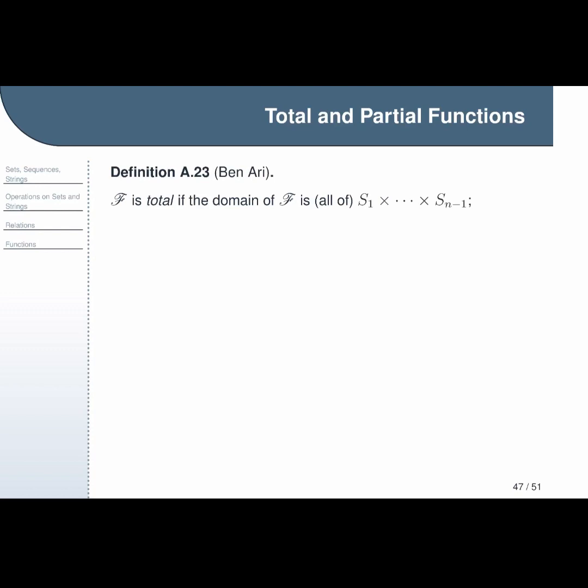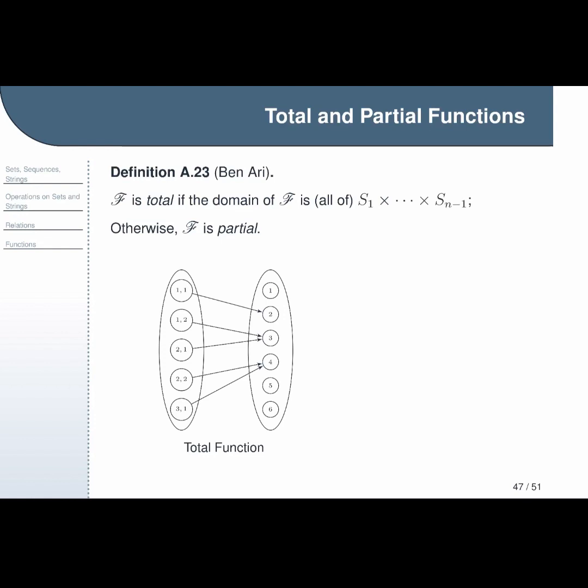And if not, it's partial. So this is easy to see if you illustrate it with a small function here. On the left, you can see this is the possible domain, and in this case we have mapped everything to something on the right. There are some collisions, but we don't worry about that. Not everything is covered on the right side, but the right side is kind of irrelevant here. All we care about is that everything, all of our possible inputs, got assigned to something. That makes it a total function.